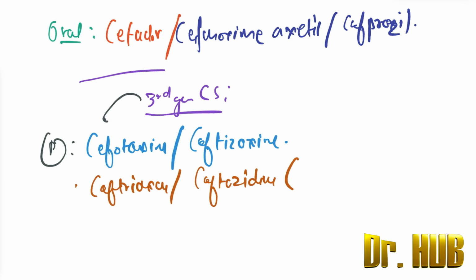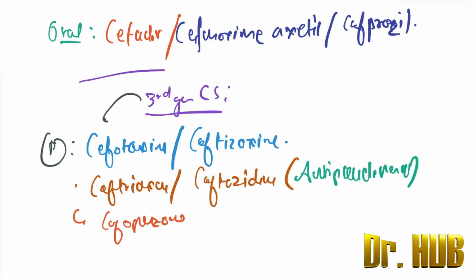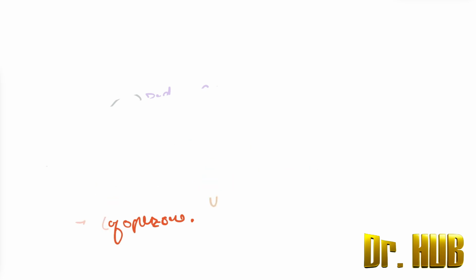So this is nothing but the anti-pseudomonal. Then there is also the cefoperazone. So this was the parenteral under the third generation cephalosporin.